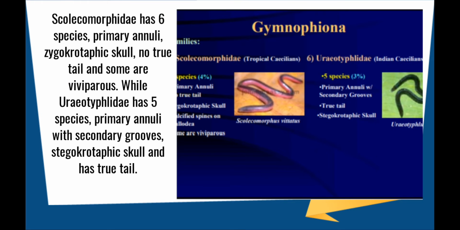The Scolecomorphidae has 6 species. They have primary annuli, a zygokrotaphic skull, and no true tail, and some are viviparous. While the Uraeotyphlidae has 5 species, they are primary annulate with secondary grooves. They have a zygokrotaphic skull and a true tail.